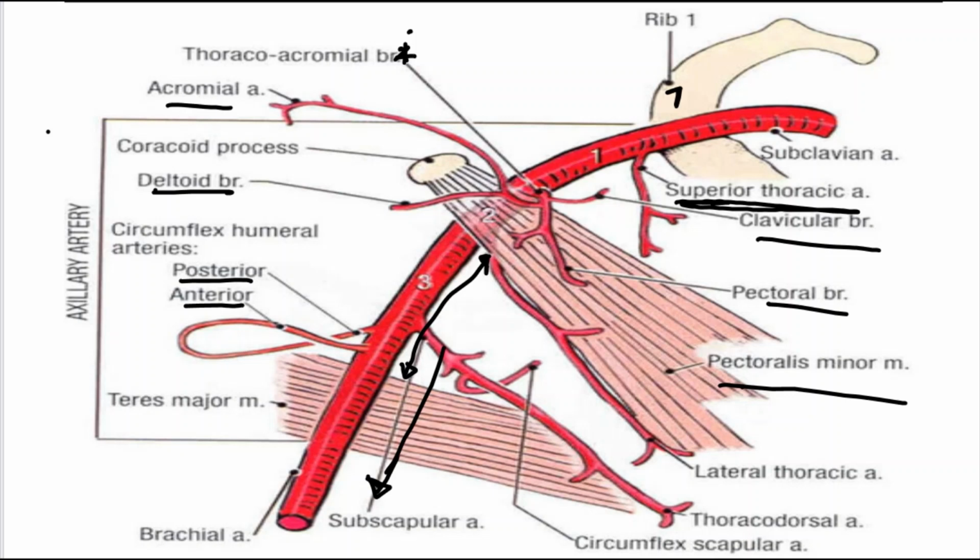The second part will also give you the lateral thoracic artery. And then the third part will give you 3 branches: the subscapular artery, the posterior circumflex humeral artery, and the anterior humeral circumflex artery.